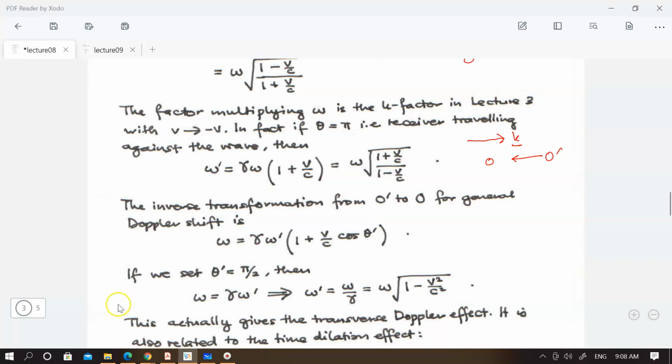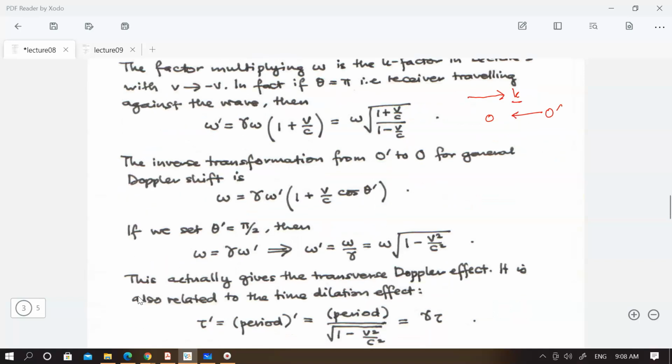Let's use this formula and look at the case where this theta dash is pi over 2. You have to remember in this particular case, let me see on the diagram here, it will be something like this.